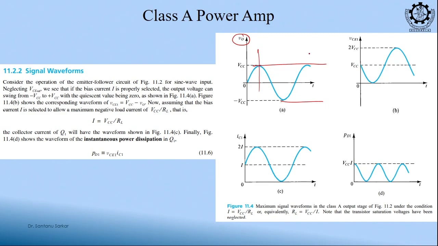Now, when the output goes to VCC, when the total output is VCC, what is remaining for your VCE? Full is going to the output. So, VCE is equal to 0. Now, your output is going to minus VCC.